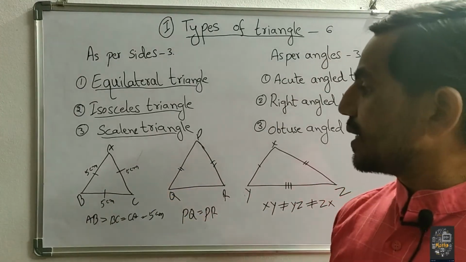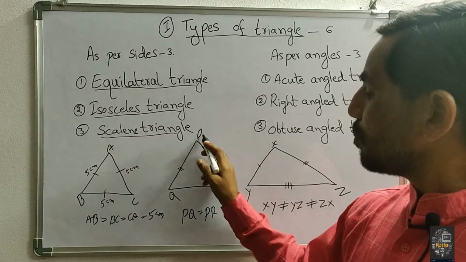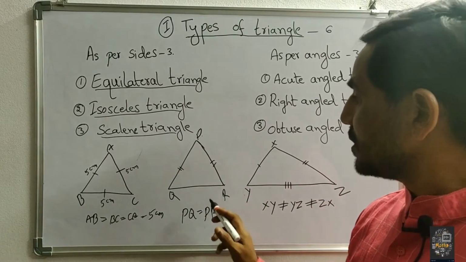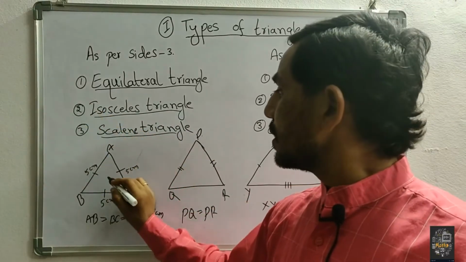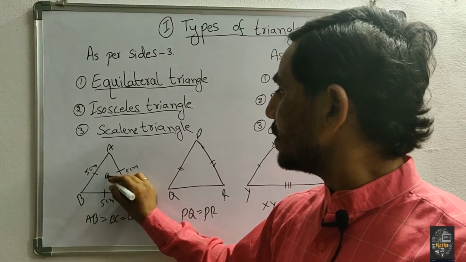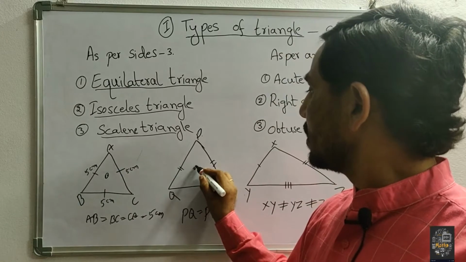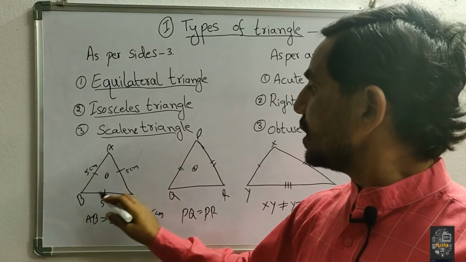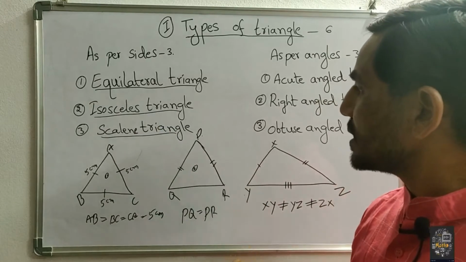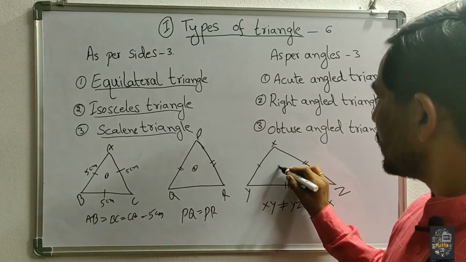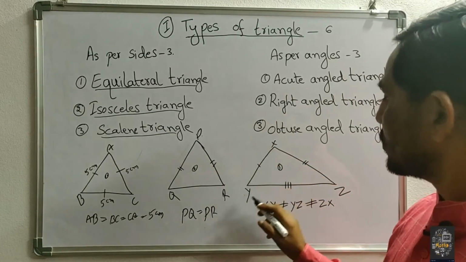This is an equilateral triangle. Second one is triangle PQR, that is an isosceles triangle. So ABC is an equilateral triangle, PQR is an isosceles triangle, and third one, XYZ, is a scalene triangle.